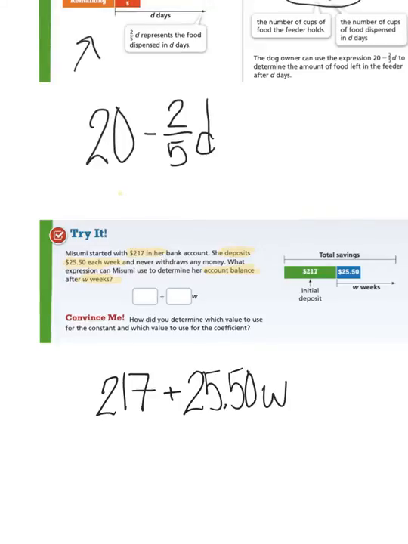But we don't know how many weeks we're talking about, so we're just going to put W. If we were to solve this for whatever amount of weeks we want, we would know what her total savings is. But in this case, we're not solving, we are just writing the algebraic expression.